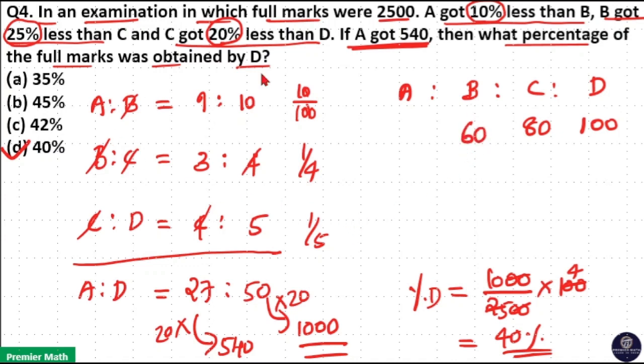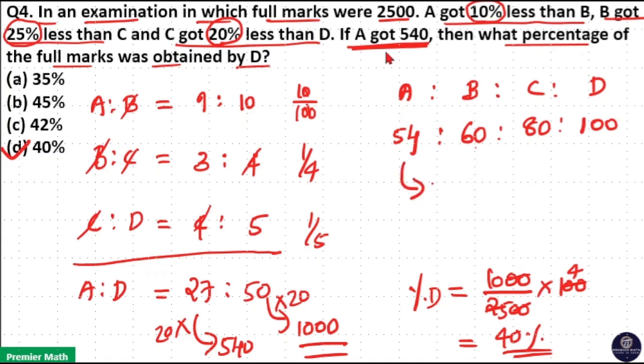Again, A got 10% less than B. Here 100% is 60, 10% is 6. So 60 minus 6, 54. A got 54 marks. So here is the ratio of A is to B is to C is to D.